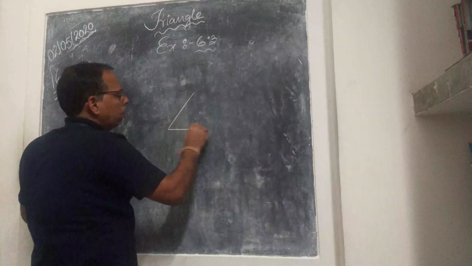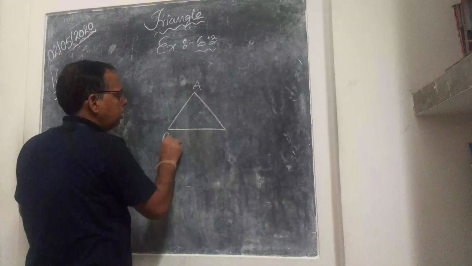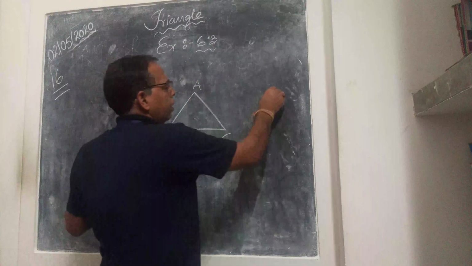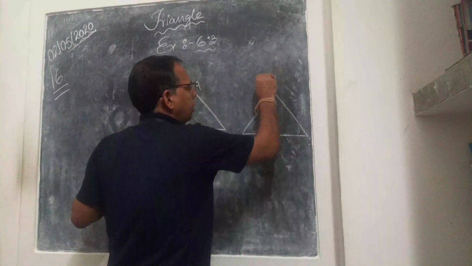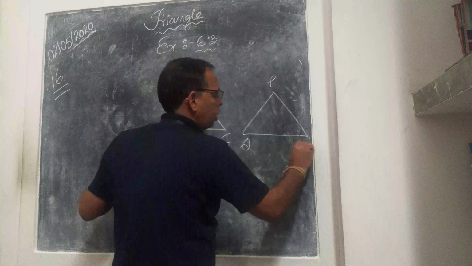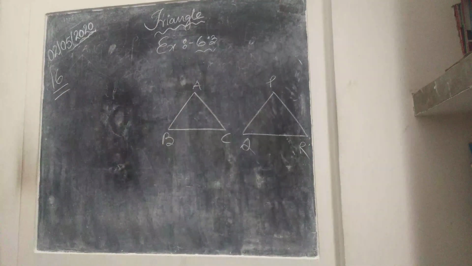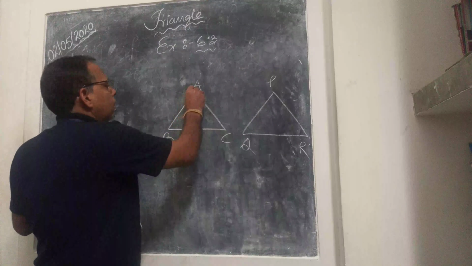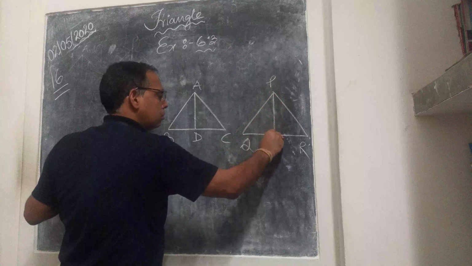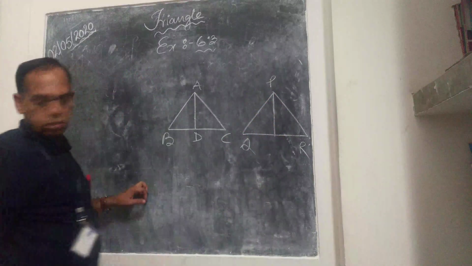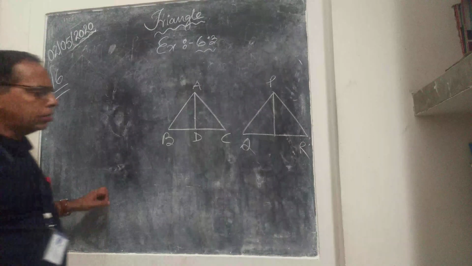You will do. Triangle ABC, triangle PQR. Then AD and PM are medians.